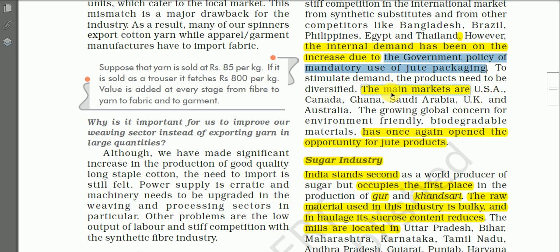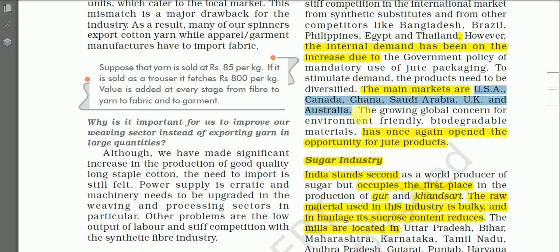The main markets, that means the main buyers of jute and jute products from India, are USA, Canada, Ghana, Saudi Arabia, UK, and Australia.